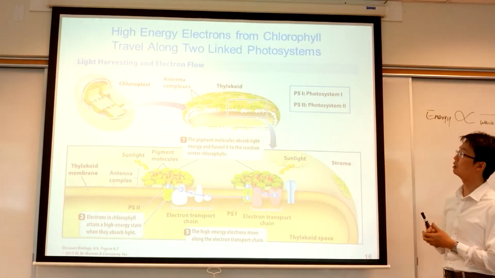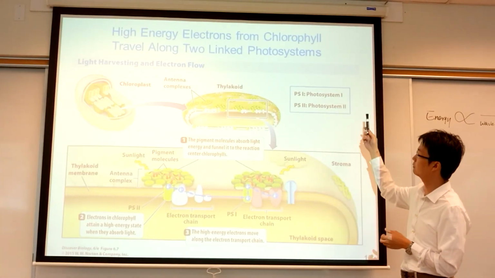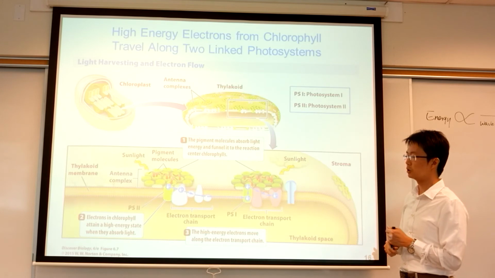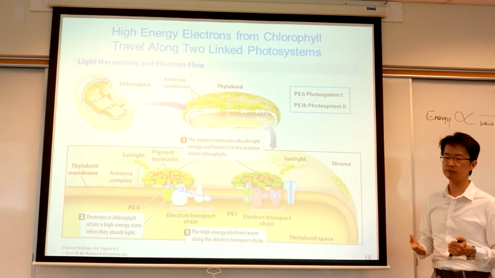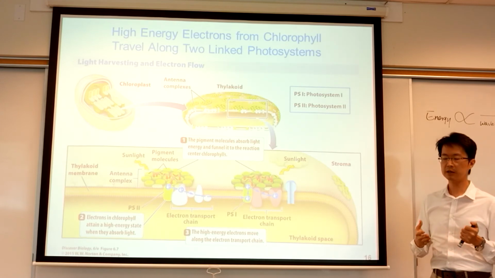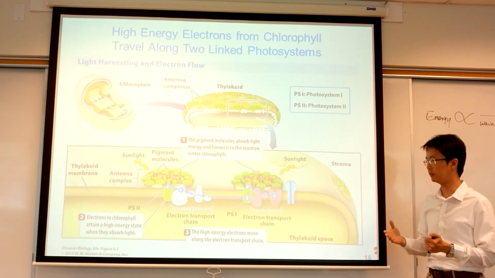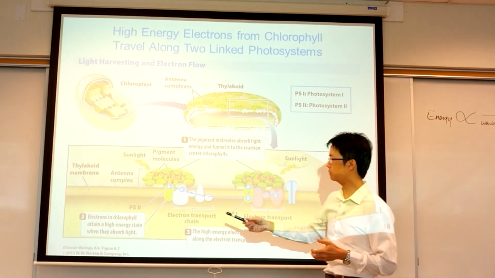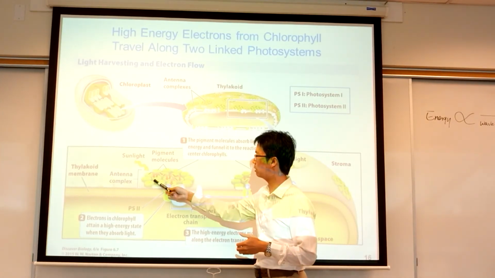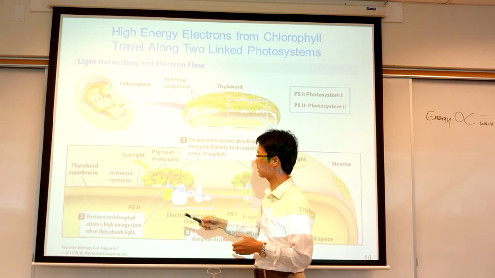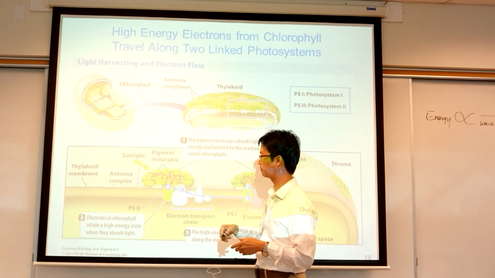So this is the overview of photosystem 1 and photosystem 2. It is a little bit counterintuitive. The light reaction starts with photosystem 2 first, and then is followed by photosystem 1. So in photosystem 2, you see that sunlight is being absorbed by all these pigment molecules in the thylakoid.